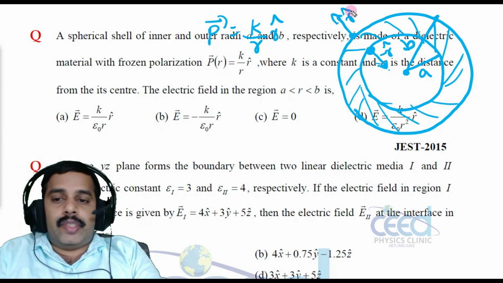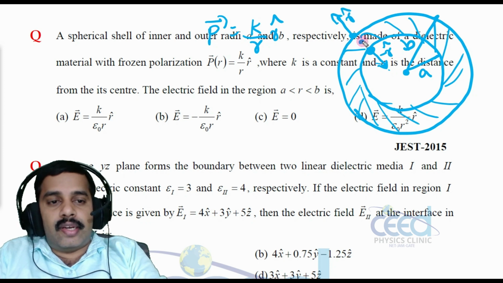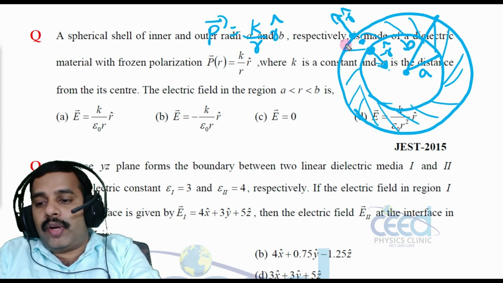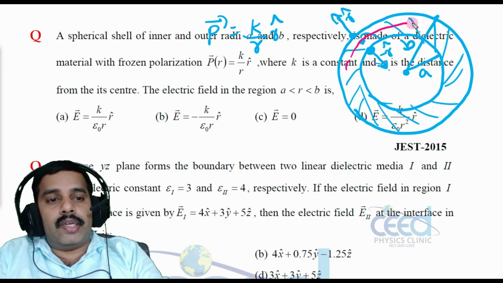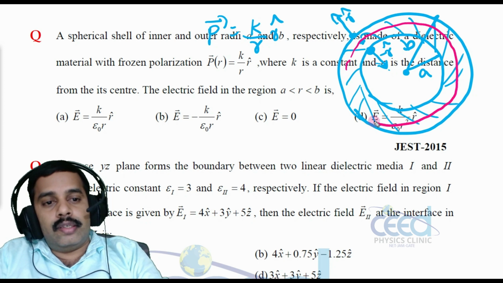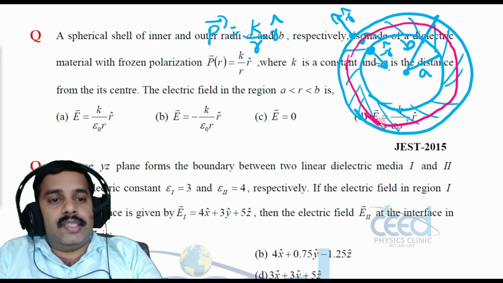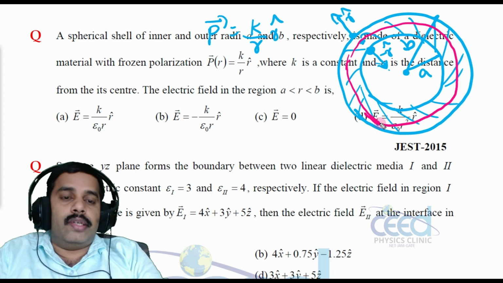Okay. Now the electric field in the region a less than r less than b, right? So we need to find the electric field. To find the electric field, as usual, we consider this particular region. So in this region, what is the electric field?